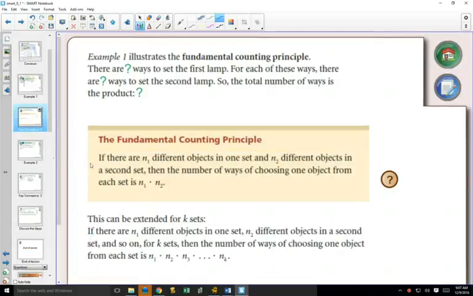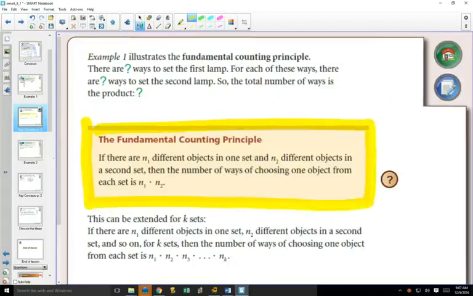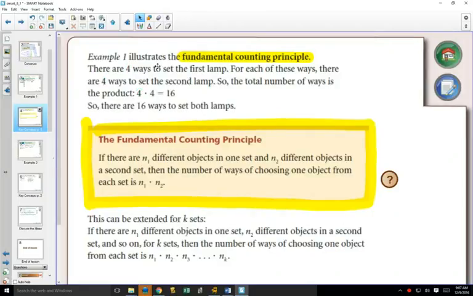What the fundamental counting principle says is that if you have a bunch of decisions to be made and you have a number of choices for each decision, make spaces for each decision that needs to be made. And once you've made spaces for each decision, put in the number of choices you have for each decision.